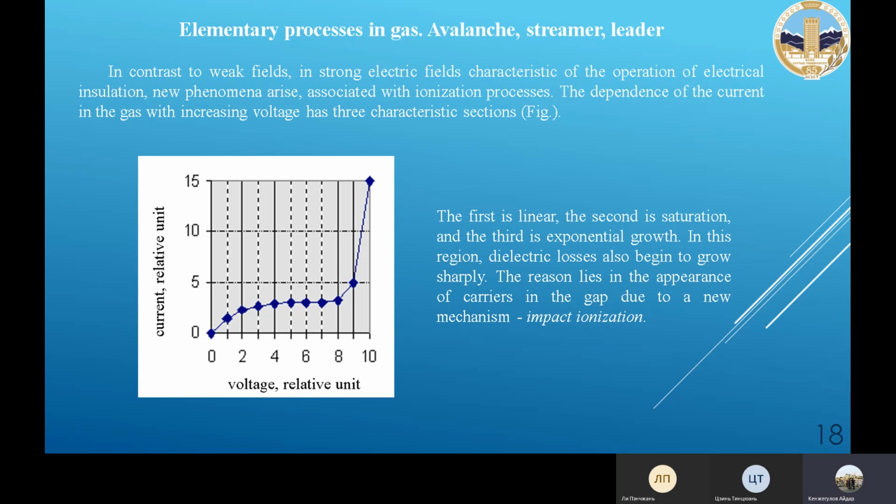The reason lies in the appearance of carriers in the gap due to a new mechanism: impact ionization. Impact ionization is a physical phenomenon of an increase in the number of electrons and ions in the gap due to the collision of electrons with increased energy with neutral molecules.